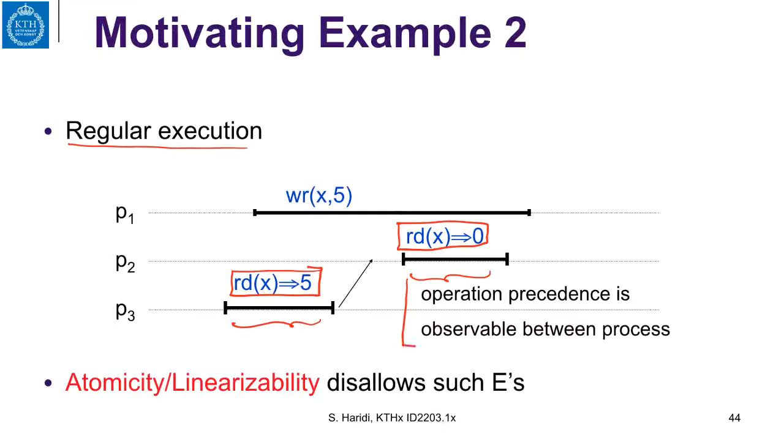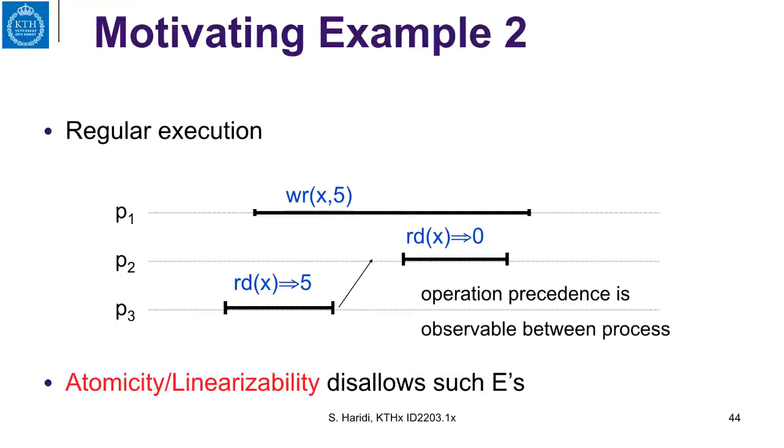So operation precedence is observable among processes. So we have seen executions that are regular but not linearizable. We have seen executions that are sequentially consistent but not linearizable. And we have seen executions that are regular but not sequentially consistent, and vice versa.